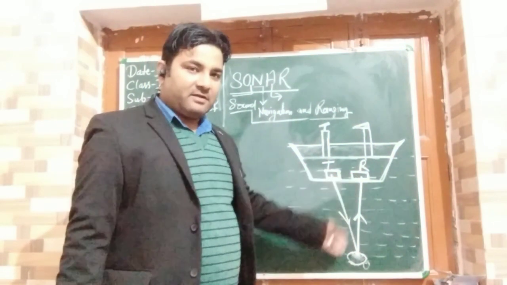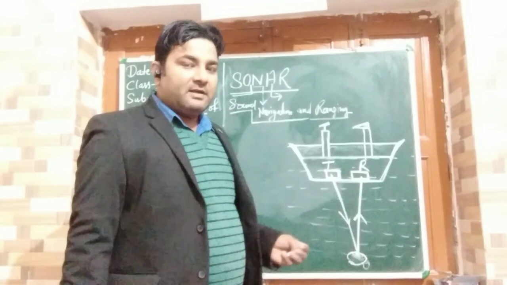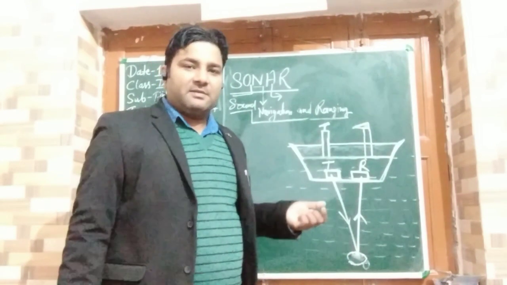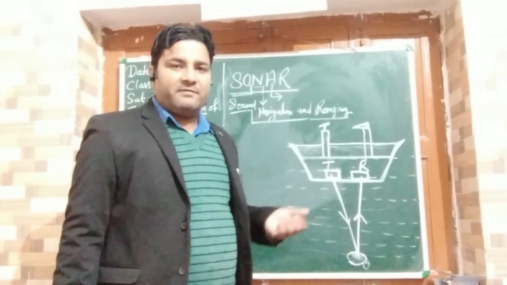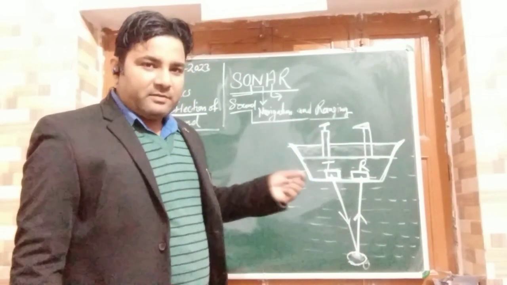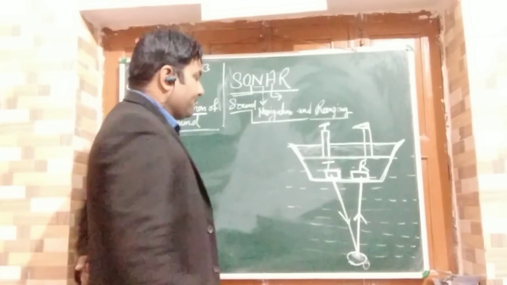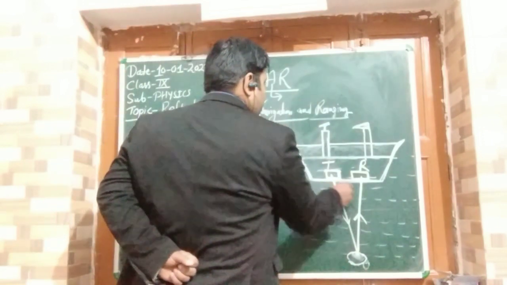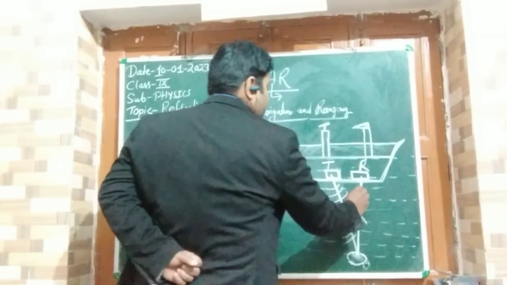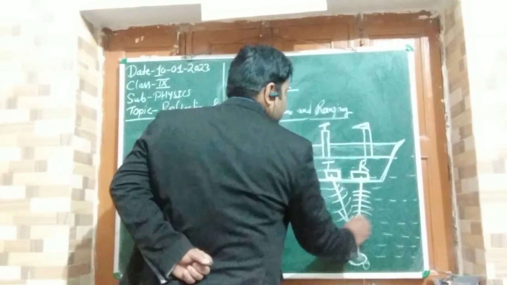When the reflected sound comes back, some signal system, like a buzzer or a light, indicates that the sound wave has been received. This is the transmitting wave, and this one is the receiving wave.